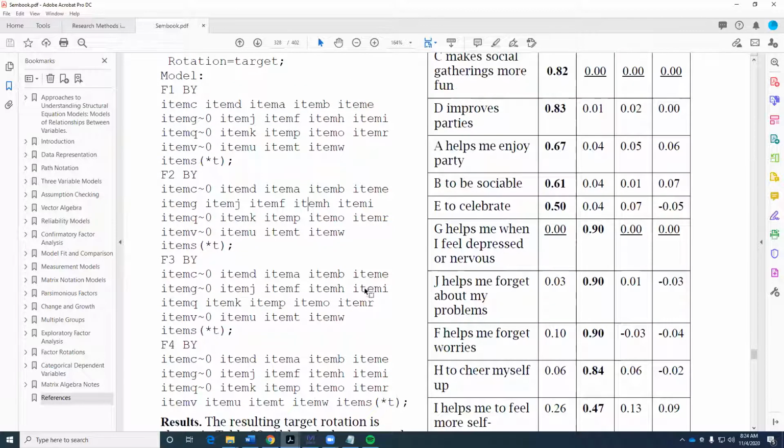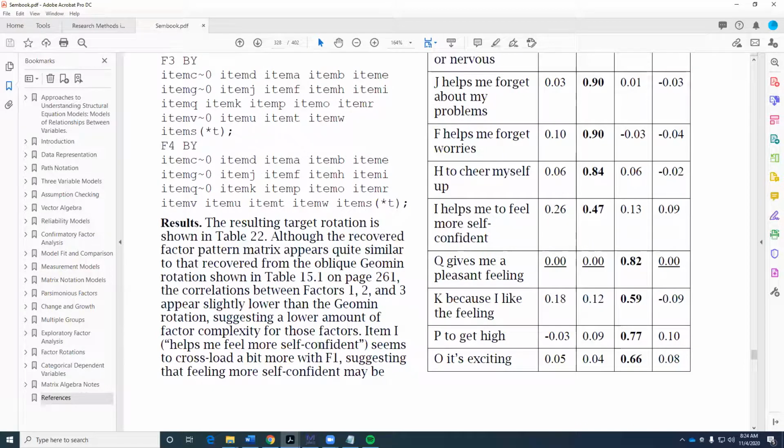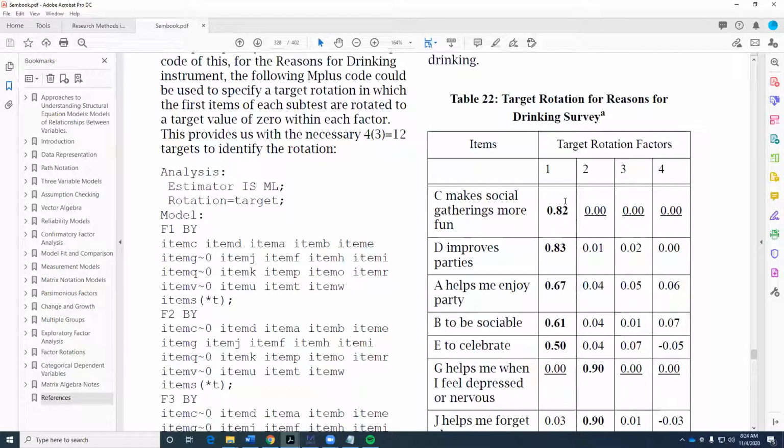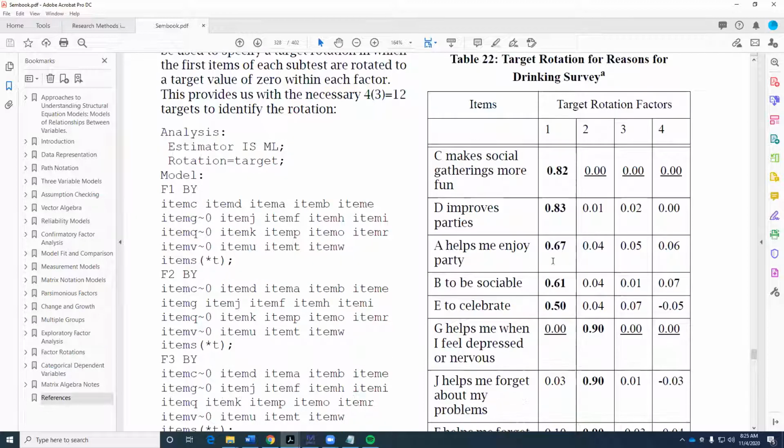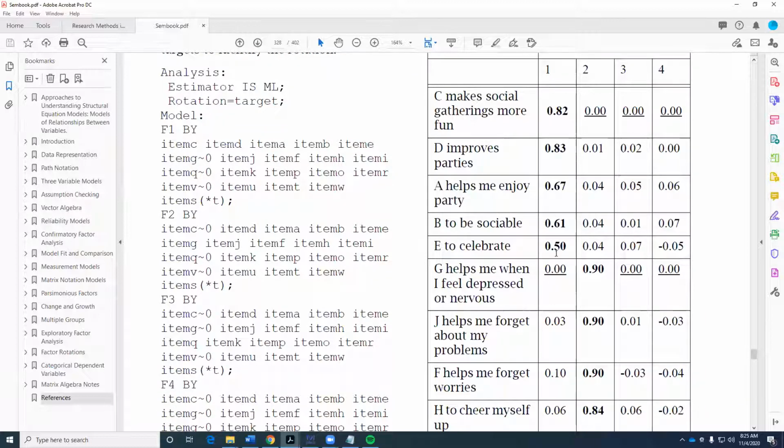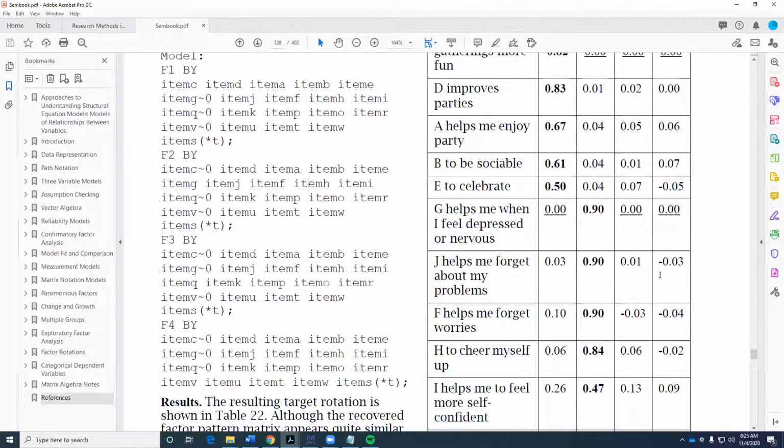So if we do that target rotation, these are the numbers that I get out. And you can go back and compare this with the geomin rotation, but what we have here looks a lot cleaner. Notice these numbers are a lot closer to 0 than they were before. And these numbers are a lot closer to 0 than they were before.